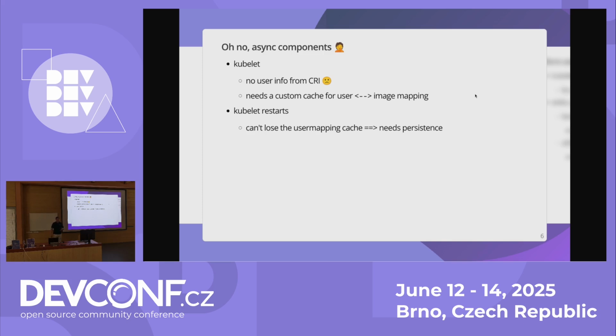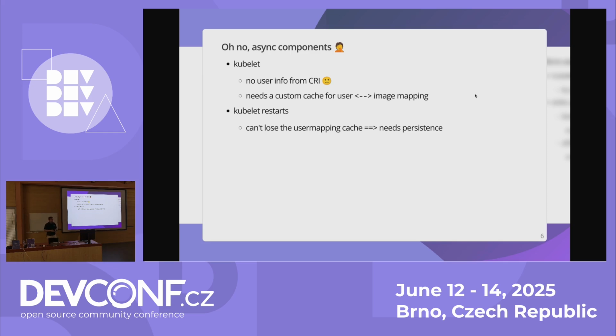And so we need to build a cache. And caches are great, right? Nothing can ever go wrong with a cache. And so, yes, we're building a cache that will create a mapping of a user, or maybe a set of credentials to be specific, to some kind of image, right?